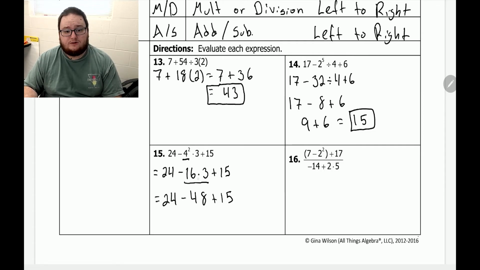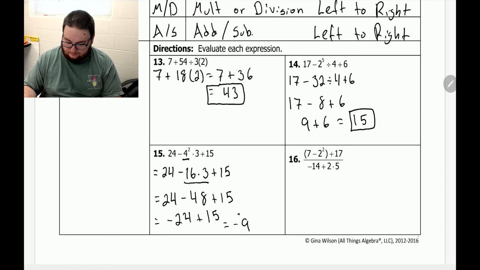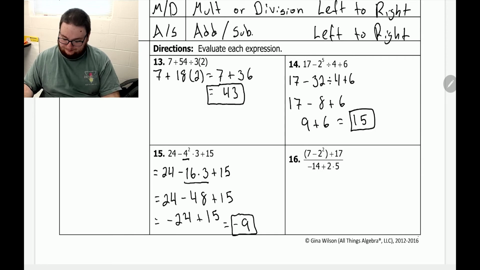And now all that's left is either addition or subtraction. So working left to right, we have 24 minus 48. That gives us negative 24. And we're adding 15 to that. And negative 24 plus 15 gives us negative 9, which is your answer for number 15.